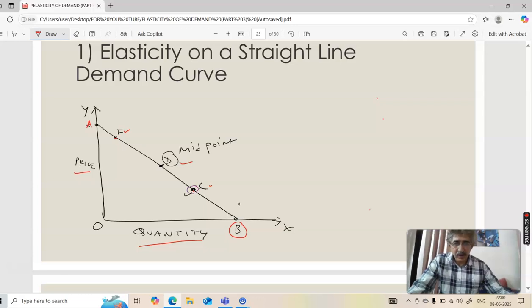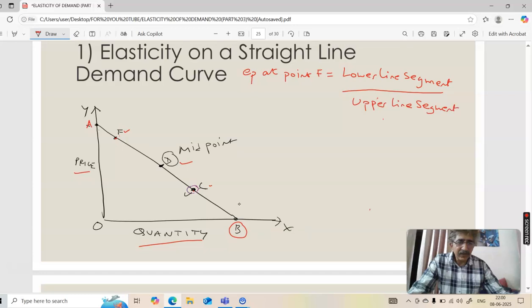Suppose we need to find out, let's say, price elasticity at point F. So EP at point F. The formula is, in short, lower line segment upon upper line segment.